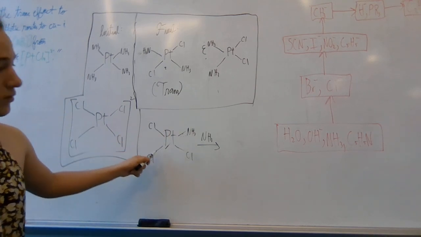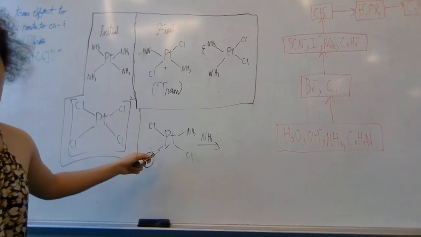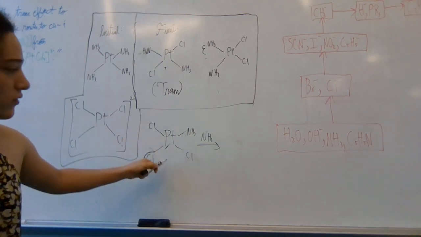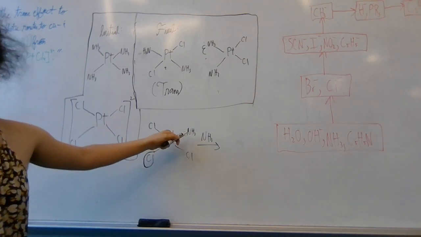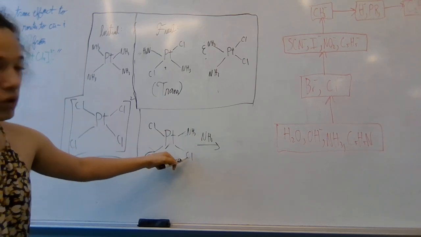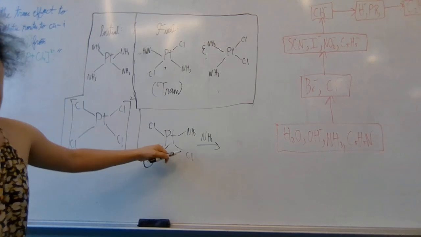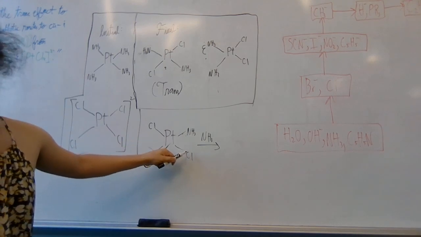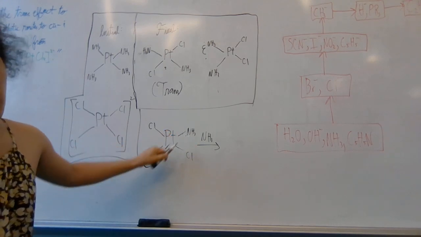So this bond right here is going to be stronger than these other two bonds because it's across from an NH3. These chlorides are weakening the chloride opposite themselves far more than this NH3 is weakening this.